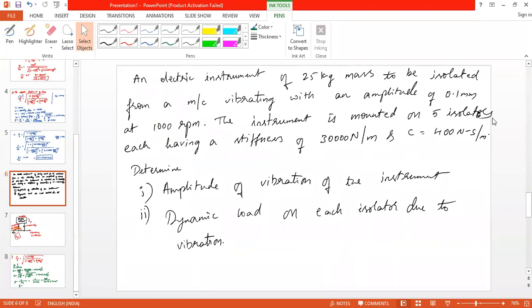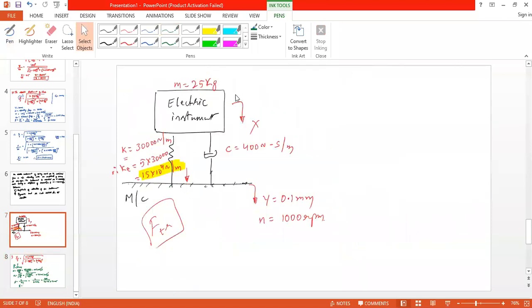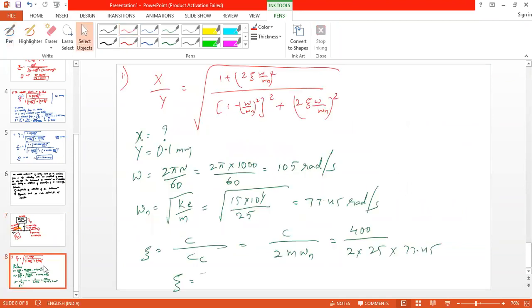See, here there are 5 isolators, each having a stiffness and damping. The meaning is there are 5 springs and 5 dampers. So the equivalent coefficient of damping is 5 into 400, that is 2000 Newton second per meter.